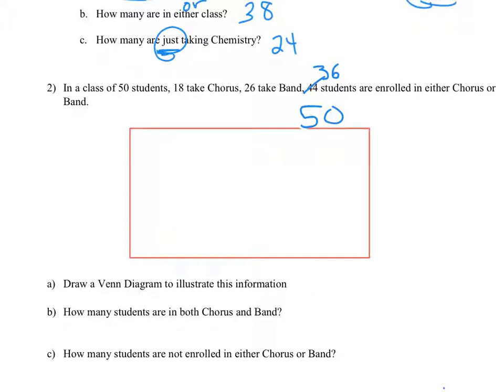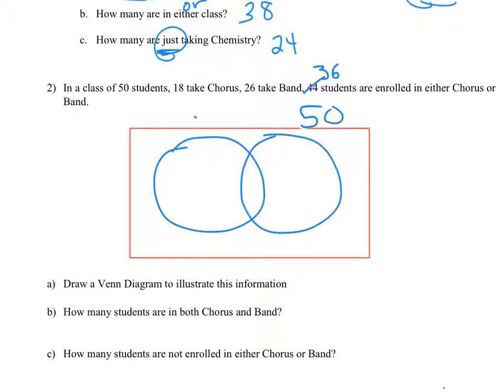So when we do this, we have 50 students, and we have our 2 circles. We have band and chorus, or chorus and band, however you want to label it, it doesn't matter. I'll do chorus here and band here because it's the way it's written. Remember, this circle here is all the people that have taken chorus, so that should be 18.